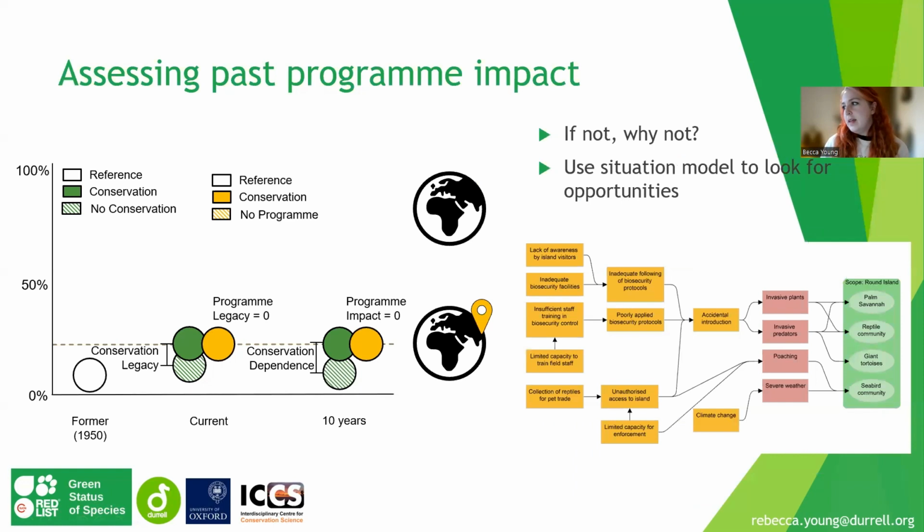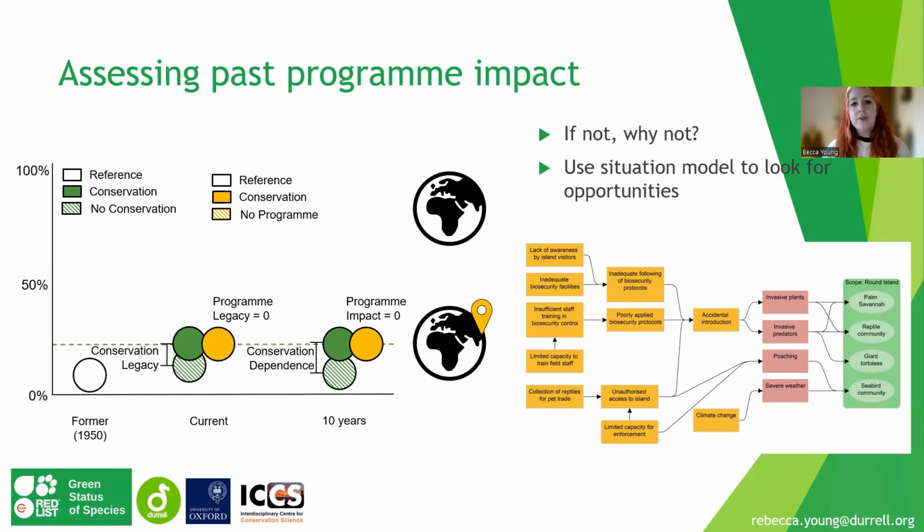And there's, I think, a real opportunity here to go back to the situation analysis that was carried out as part of your initial planning. So we can understand that we're not having a global impact. We want to understand why we're not having it. And then we can use this as an opportunity to see where could we expand?